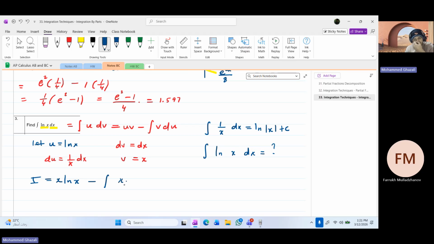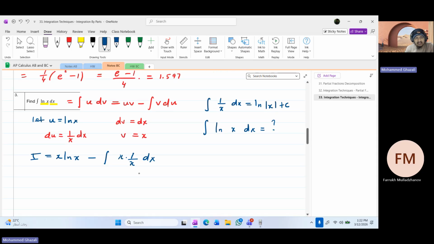minus the integral of v du. V is x. What is du? 1 over x dx. So we can see the x and the x cancel out. It's x ln x minus, remember the x and the x cancel out. See what we have done. U times v is x ln x, minus the integral of v du.